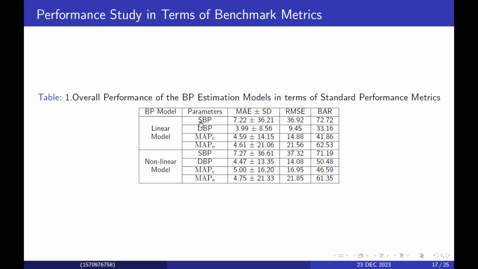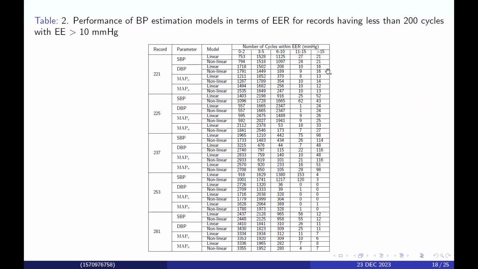Here we can see the linear and non-linear models give almost similar performance. But the problem is, if you look at the standard deviation, it is very high. That means we have to further investigate the reason behind this poor performance. For that, we thought an estimation error range table would be a better metric for evaluating each record individually.